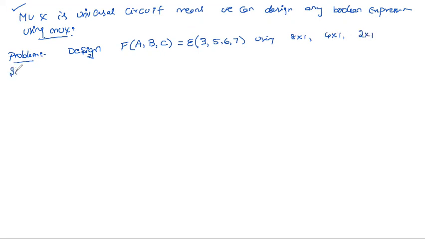Let us see the solution. First write the truth table of this function. 3, 5, 6, 7, and 3 variables are available.